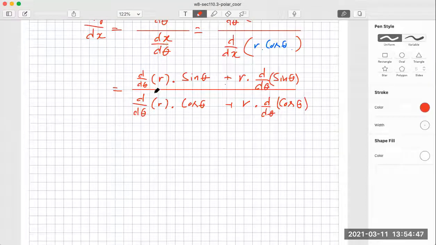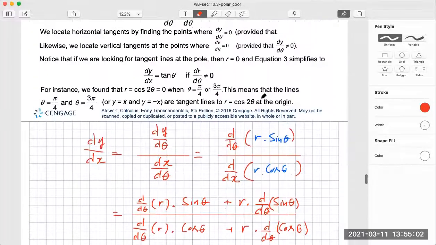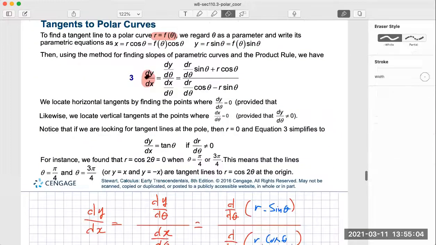So, d over d theta of sine theta gives us cosine theta, right? And here, d over d theta of cosine theta gives us negative sine theta. That is why we have this equation, equation 3.